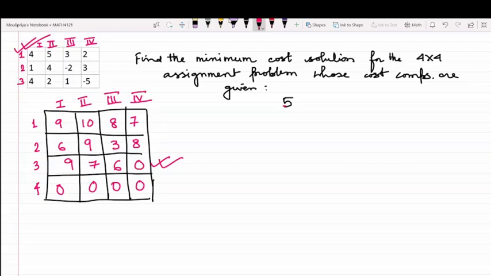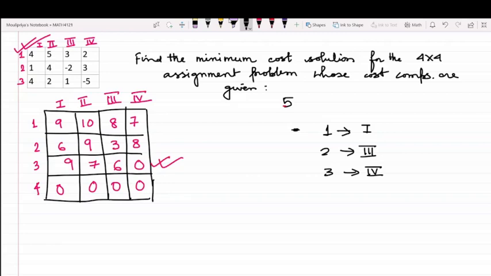So once we are done with everything and we are done with the allocation, now comes calculating the total cost. I hope you will be doing them at home, because you can't leave these types undone. You will see that the final result would be 1 assigned to 1, 2 assigned to 3, and 3 assigned to 4.